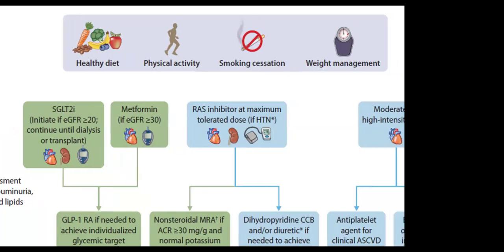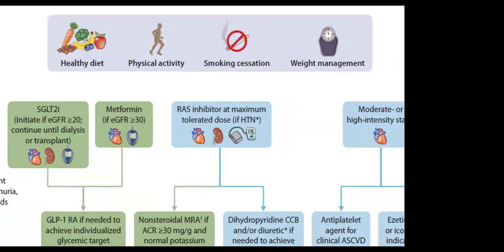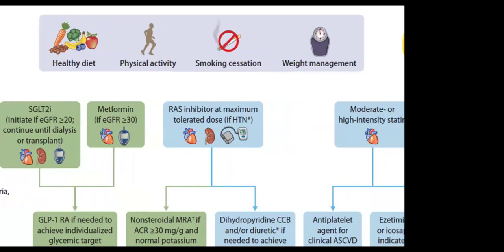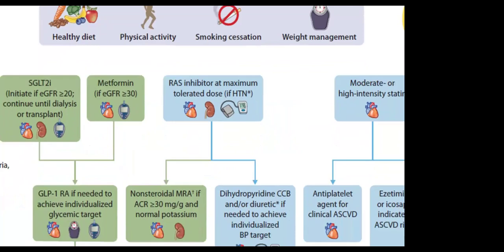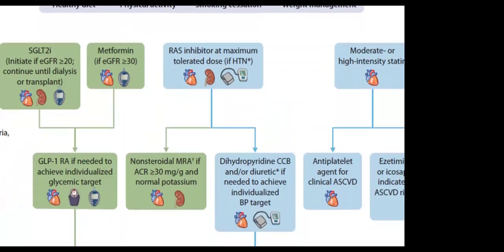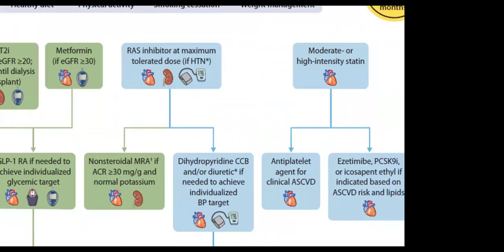A RAS inhibitor can also be given in these patients if it is tolerated, because we know these RAS inhibitors as well can cause AKI. So again, we do not give them in patients with eGFR less than 15.